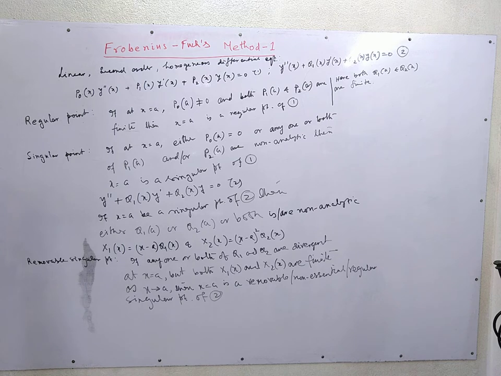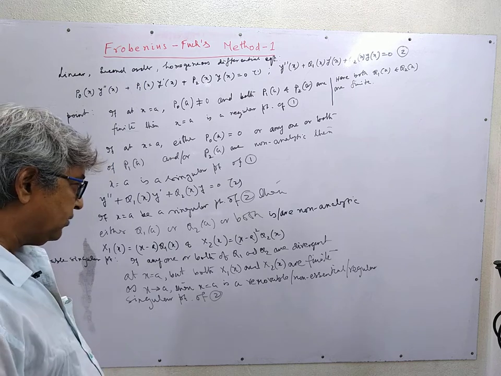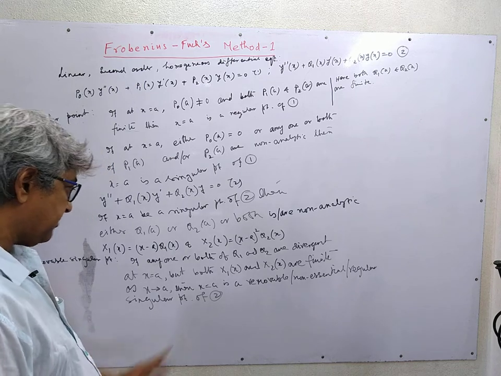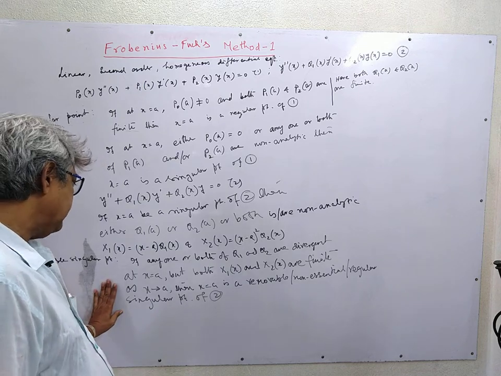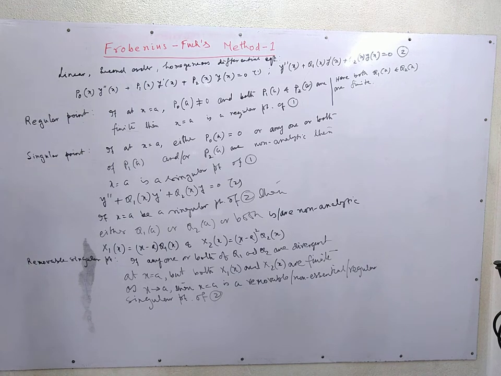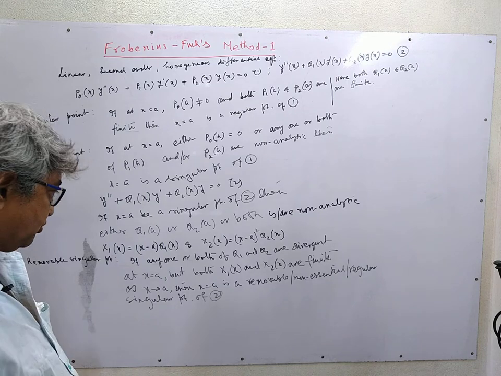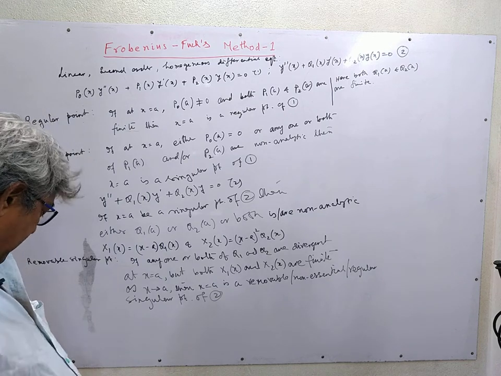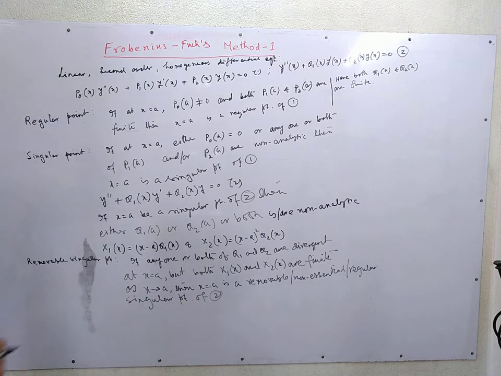At a removable singular point, any one of Q1, Q2 or both may be divergent, but x1, x2 are finite. Then it is a removable singular point. And for non-removable singular point, either x1 or x2 or both will be divergent. So finally, let me check whether this part of the board is readable or not. Yes.